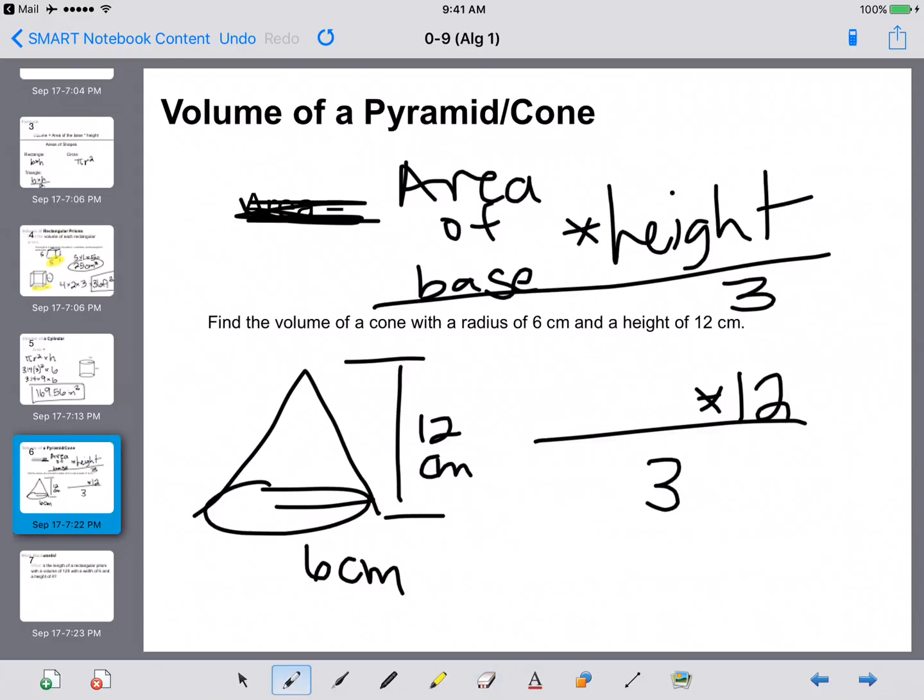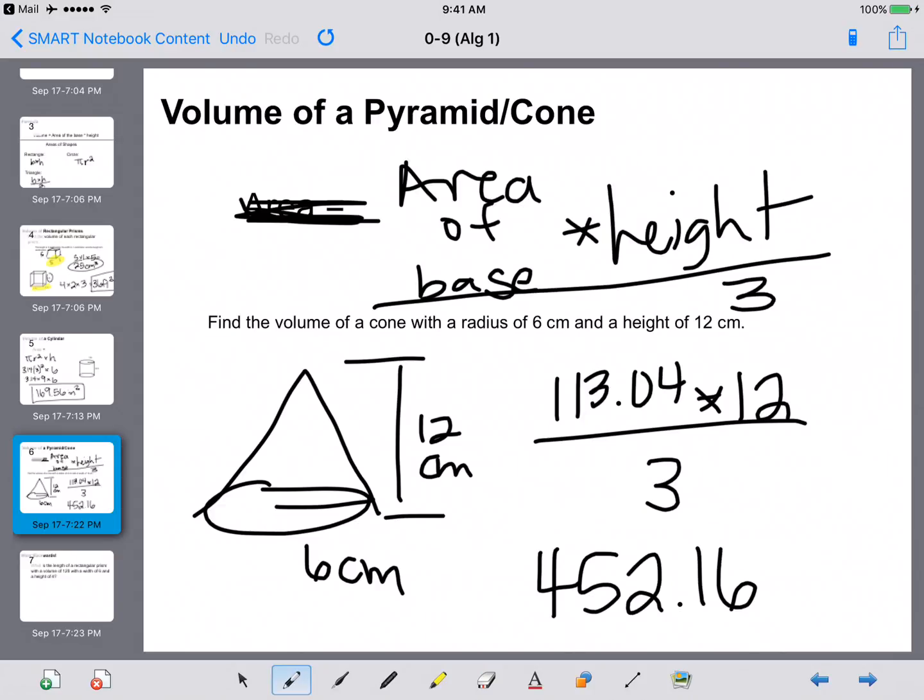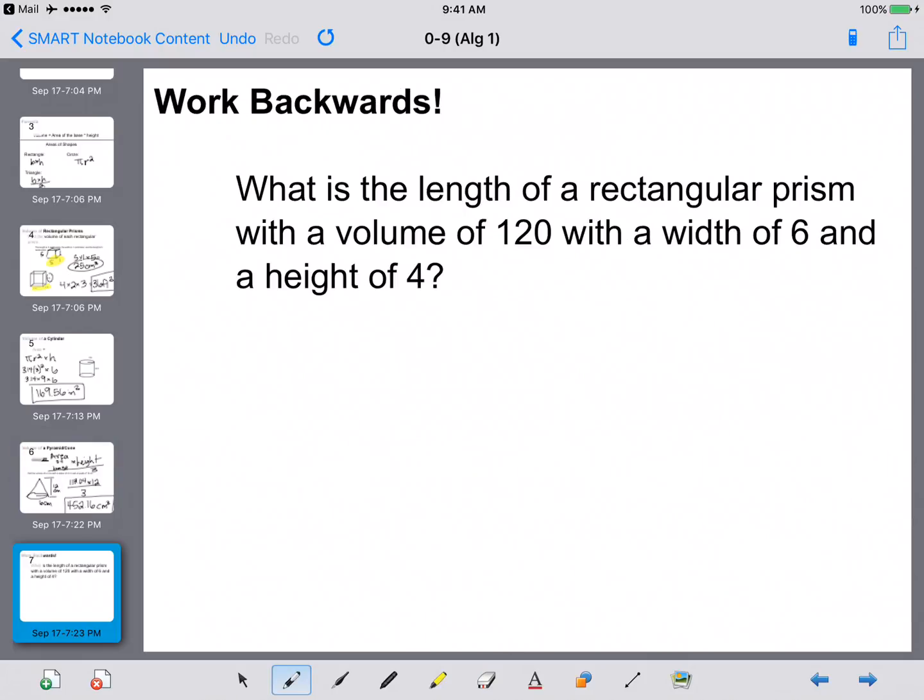We get 113.04 times our height of 12 gets us 1356.48, and then divided by 3 we'll end up with 452.16, and our label is centimeters cubed. So that's an example of using the equation for the volume of a pyramid or a cone.